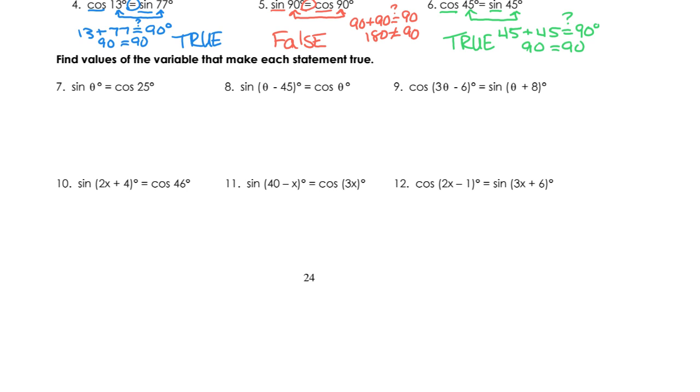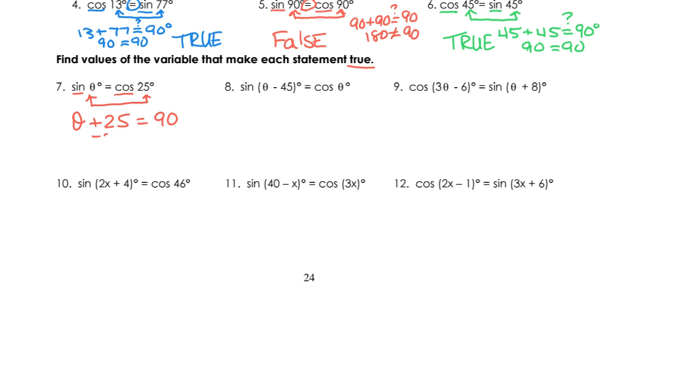Okay, and so we'll go ahead and take a look. We have sine and cosine equal as long as these angles add up to 90. So we're going to say theta plus 25 has to equal 90 in order to make this true. If we treat theta like a variable, like x, in fact, if you don't like using theta because it kind of looks like a 0 and you get a little confused, you can always change it to an x.